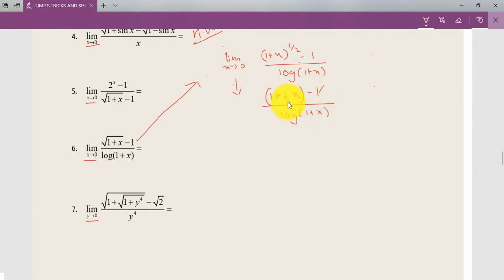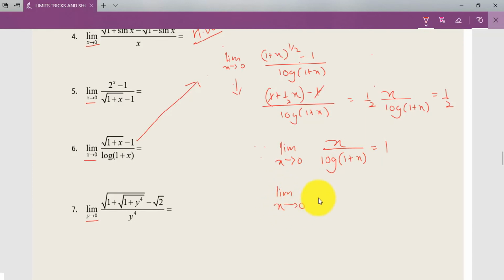This 1 and this 1 get cancelled, so you have 1/2 x divided by log of 1 plus x, and your answer will be 1/2. We know that limit of x tends to 0 of x divided by log of 1 plus x is equal to 1, and similarly limit of x tends to 0 of log of 1 plus x divided by x is equal to 1, and here is your answer. Fine.